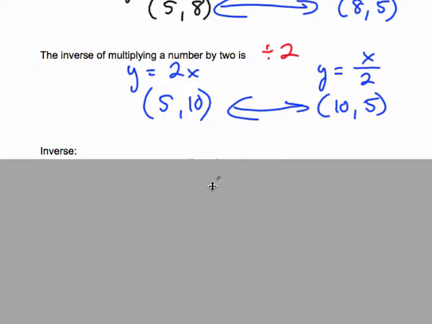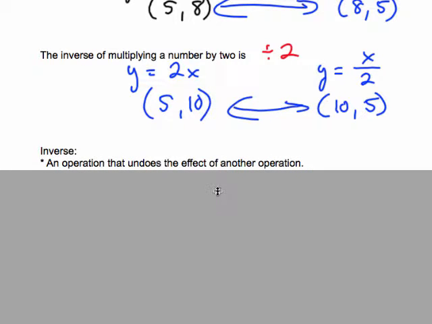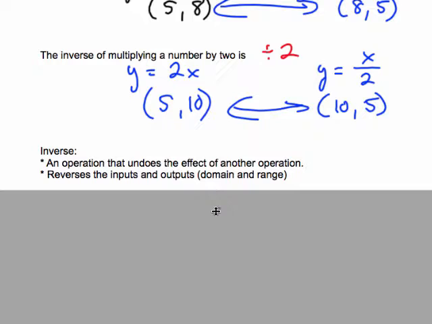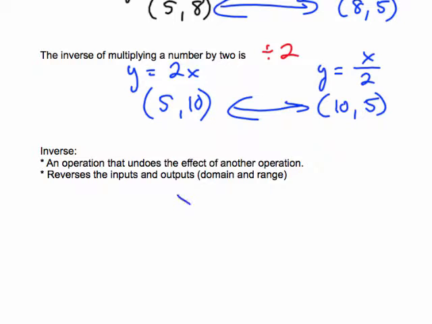And so hopefully with these examples you get the idea that an inverse is an operation that undoes the effect of another operation, and what you see happening above is that the inputs and the outputs are reversed. So what was x and y on the original relation becomes y, x on the inverse relation.